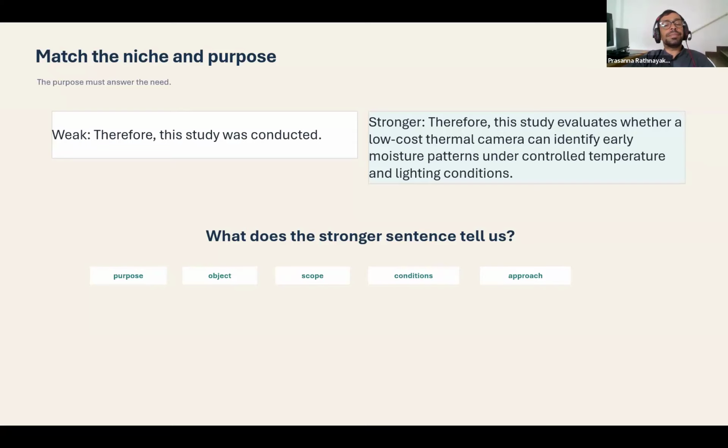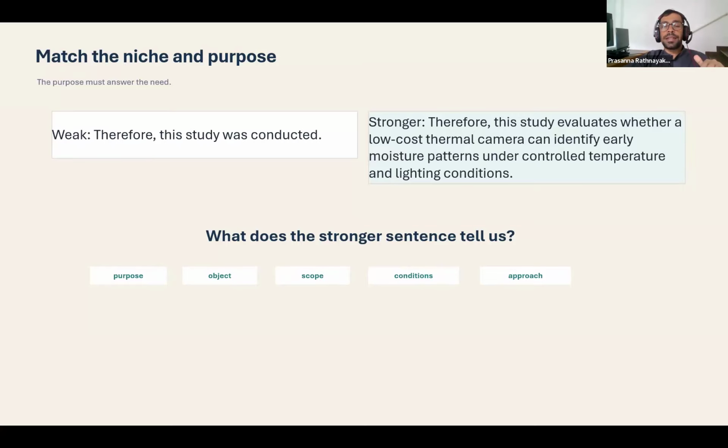Yes, Udara, it's part of the approach that is revealed here. Tarsha, you are correct. Yeah, it tells something about the object, whether the thermal camera can identify. Yeah, it's an objective. Yes, Hiruni, you detected.